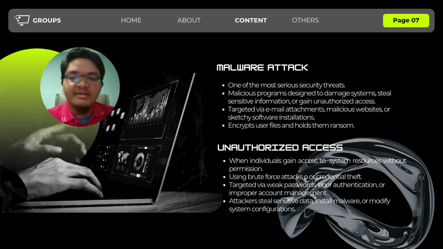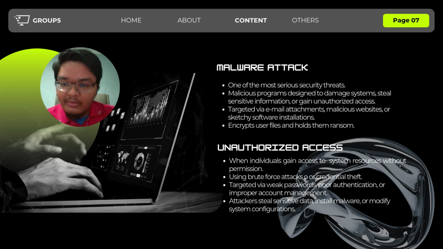The second key security issue is malware attacks, which are one of the most serious security threats affecting Windows operating systems. These are malicious programs designed to damage sensitive information or gain unauthorized access to system resources. Windows is often targeted via infected email attachments, malicious websites, or unauthorized software installations.